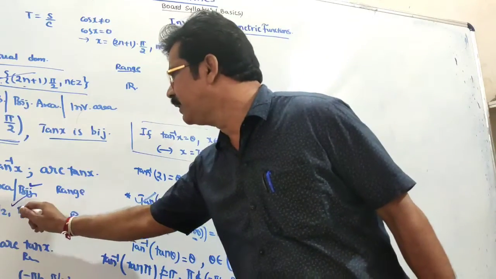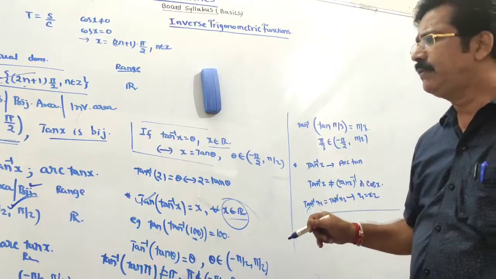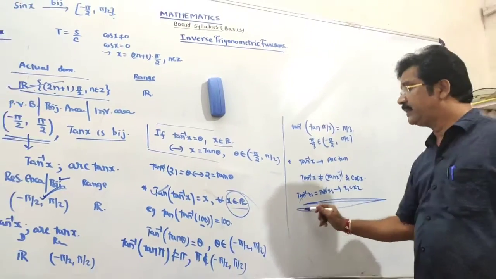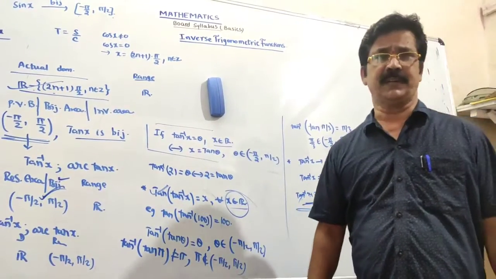So therefore in this area tan inverse x is also bijective. Therefore it is possible to say like that. This is about the tan inverse function.